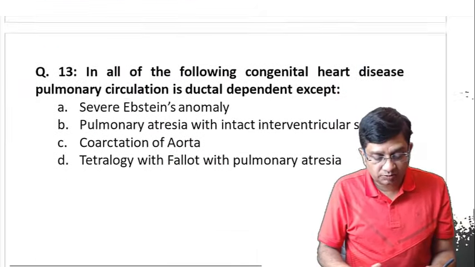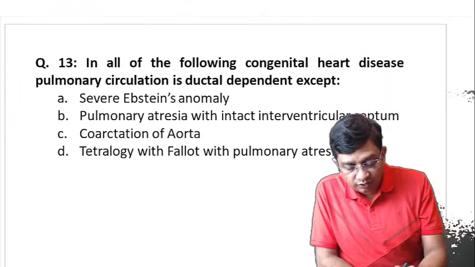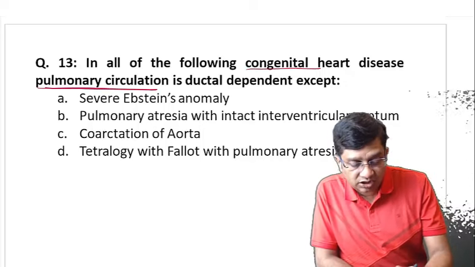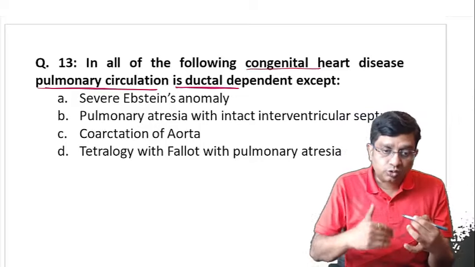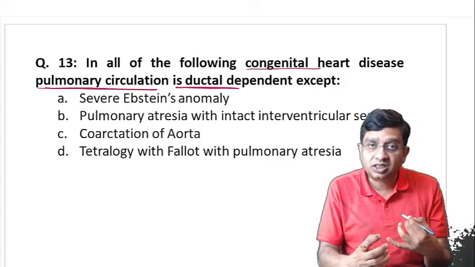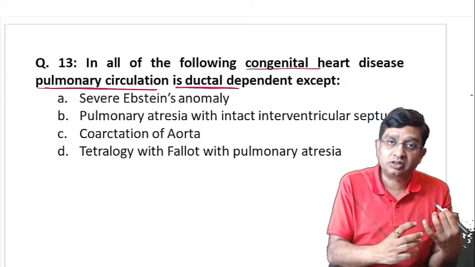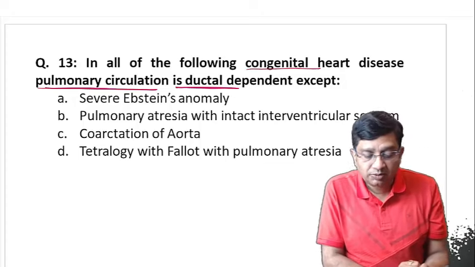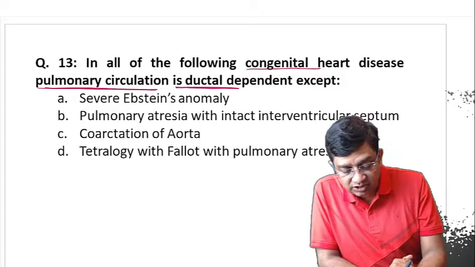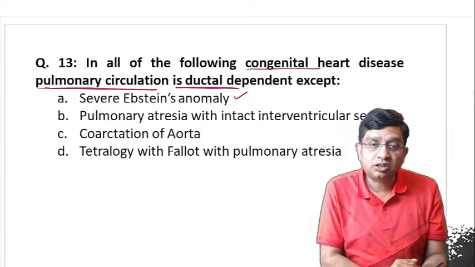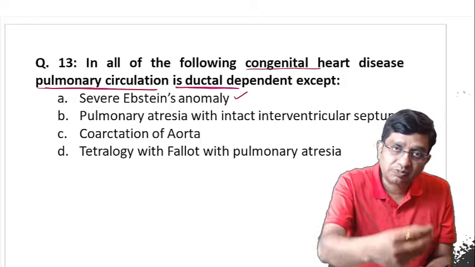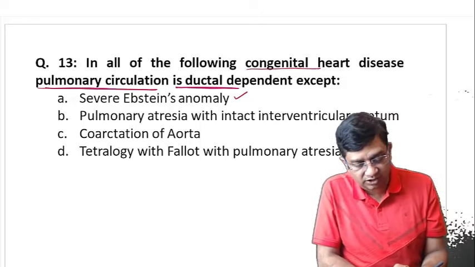Moving on to question number 13. In all of the following congenital heart diseases, pulmonary circulation is ductal dependent except. The question means that the pulmonary artery is getting the blood through the ductus arteriosus. If there is severe Ebstein anomaly, yes, because the right ventricle size becomes less and it is pumping very little blood to the pulmonary artery.